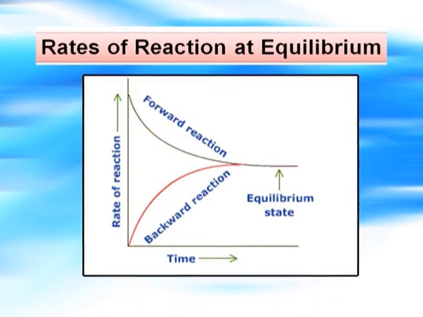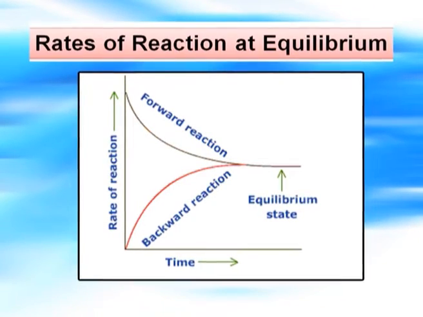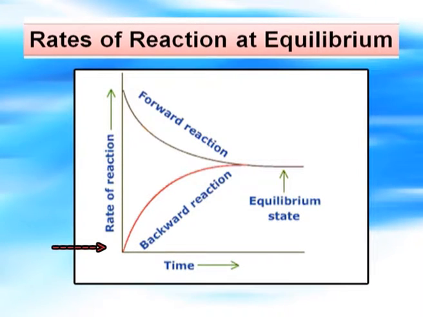The figure shows the change in rates of forward and reverse reaction with time. At the beginning of the reaction, the rate of forward reaction is high and that of the reverse reaction is slow.